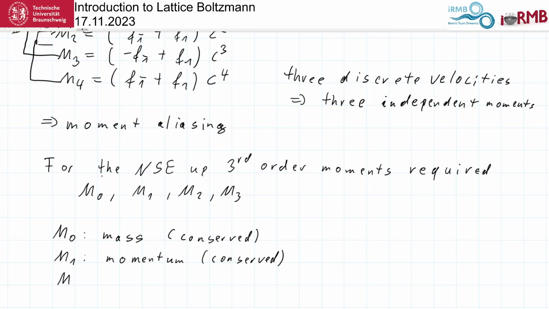So what would M2 be, actually? It would be energy, right? Now we come a little bit into trouble, because from physics you would say energy is conserved. But the Navier-Stokes equation does not imply that energy is conserved.